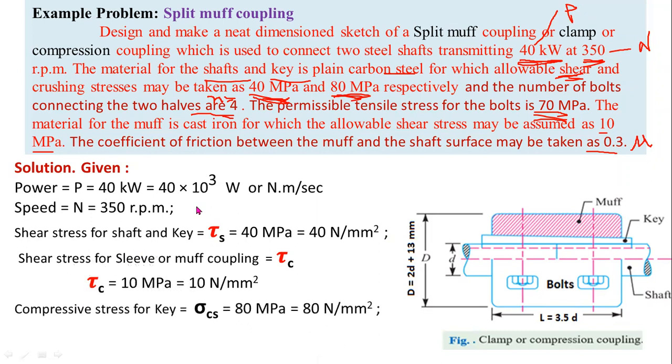The compressive stress induced in the key material is sigma c equals 80 megapascal. The tensile stress induced in the bolt material is sigma t equals 70 megapascal, equal to 70 Newton per mm square.